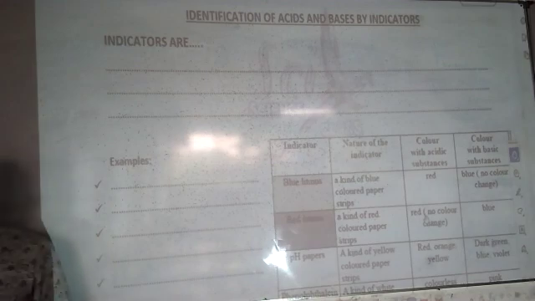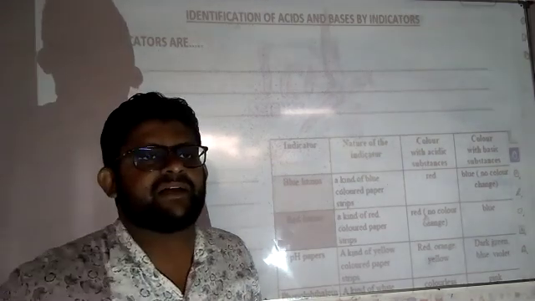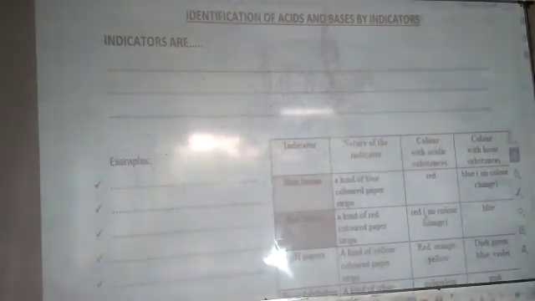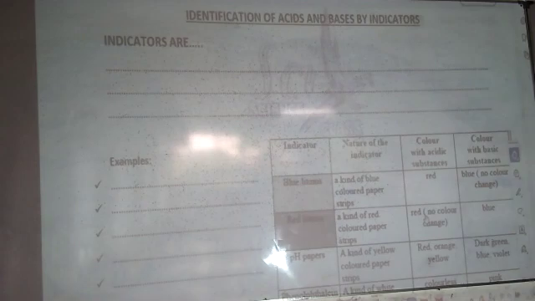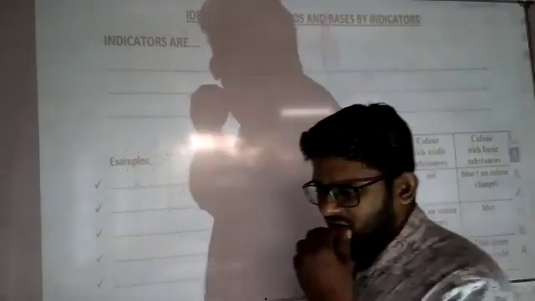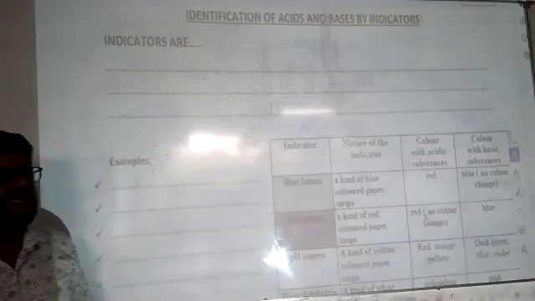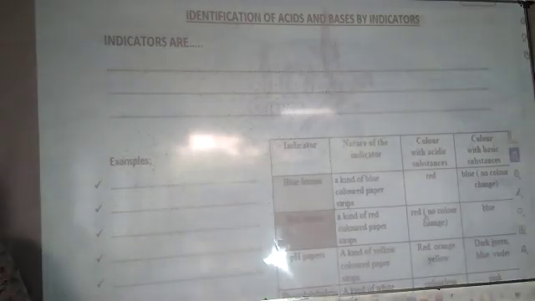Within bracket, one color with acids and another color with bases, maybe one color or a set of colors. Close the bracket. Are called indicators.